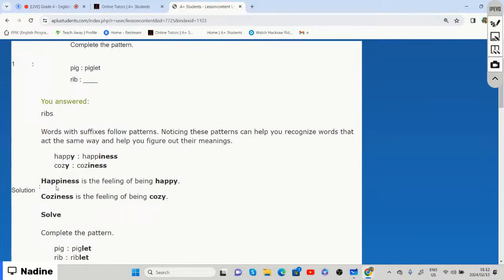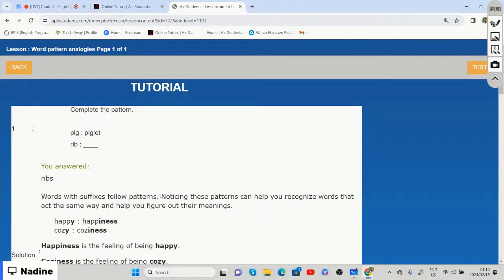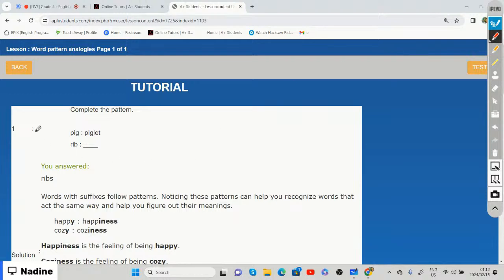And we said happiness is the feeling of being happy, coziness is the feeling of being cozy. But now, if we complete the pattern over here, here we have pig and piglet. But now we also have rib. And if we were to follow the pattern, what is the suffix that we will add to the word rib?